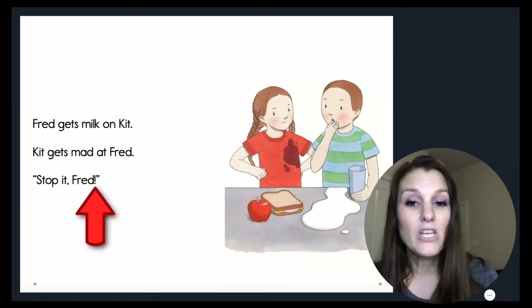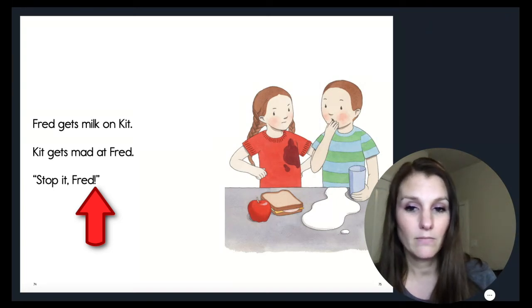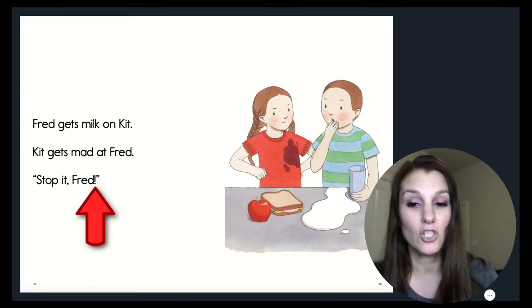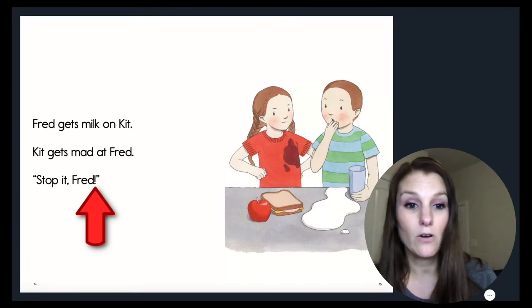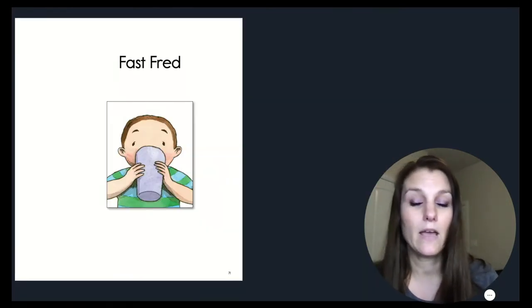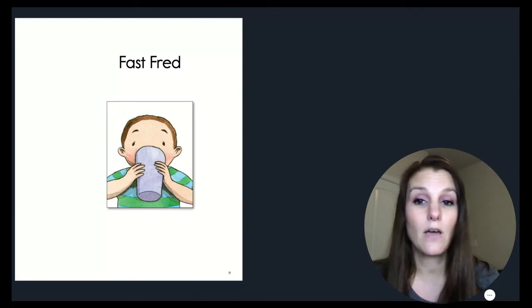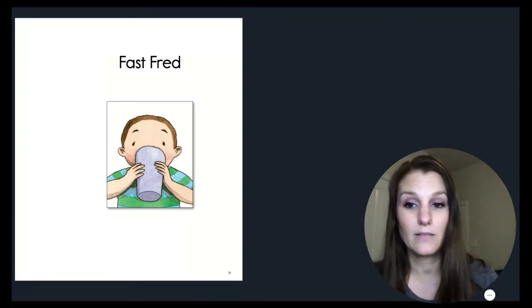This is an exclamation point. It's another punctuation mark, like a period. Say exclamation point with me. Exclamation point. An exclamation point indicates something is being shouted because the speaker is very excited. Now, let's reread the story. We will look for quotation marks, commas, and exclamation points.